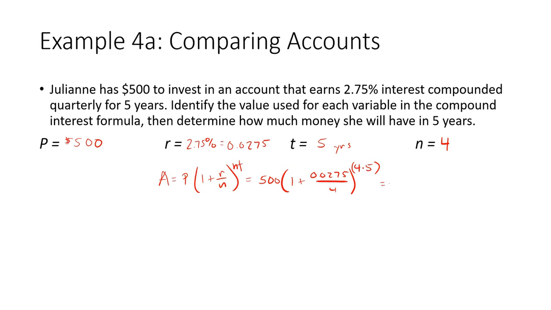This is 500 times 1.006875 raised to the 20th power, which is 500 times 1.14686, or $573.43.